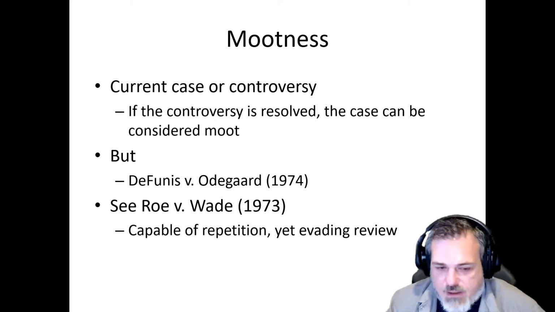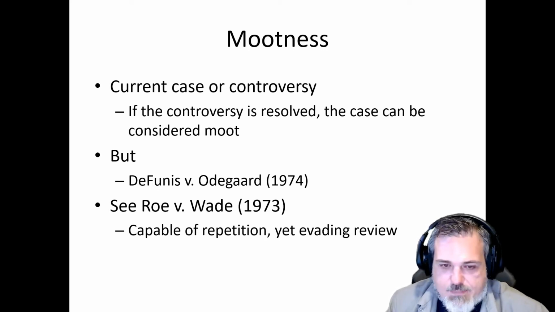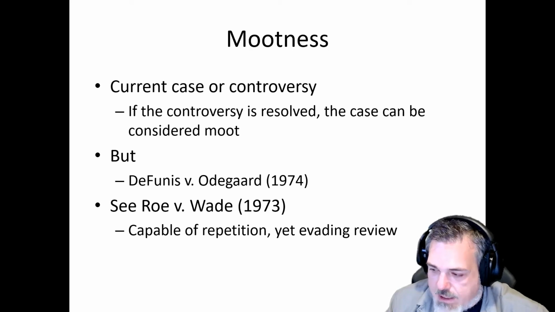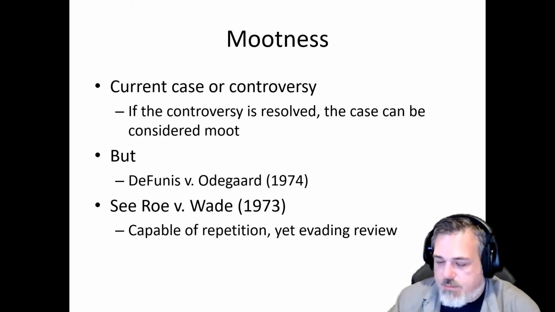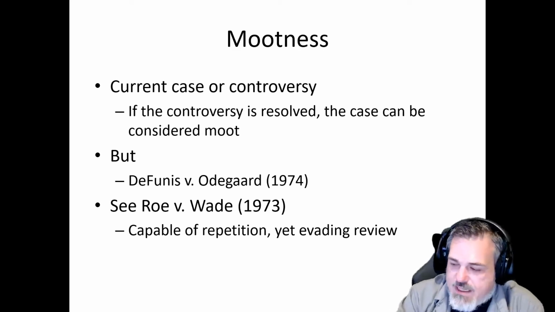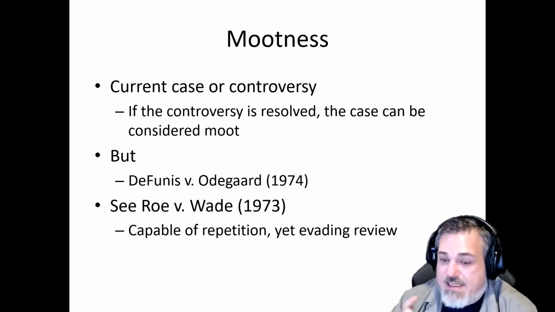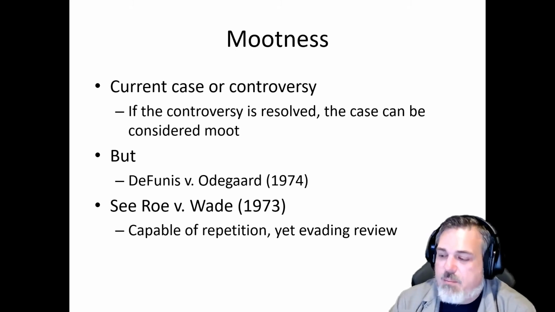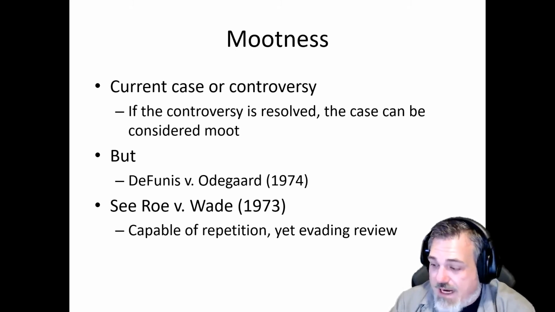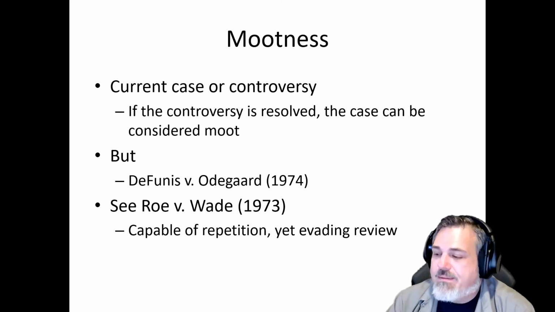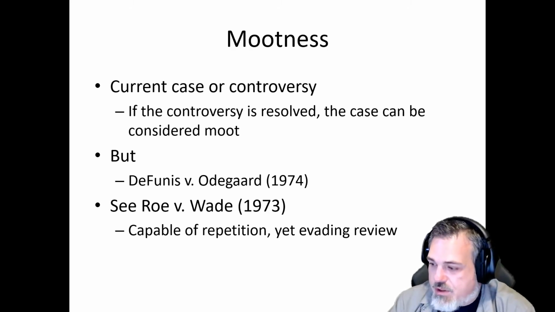And so they developed this exception to the Mootness doctrine that has then been extended far beyond just simply abortion cases. And that exception is if the event that is being examined is capable of repetition, but even in that repetition can evade review, then the Supreme Court will make an exception to its Mootness doctrine.